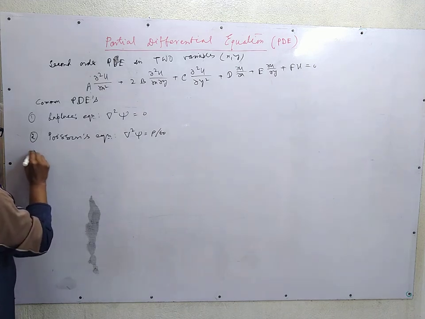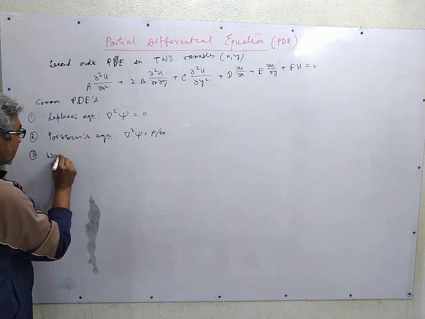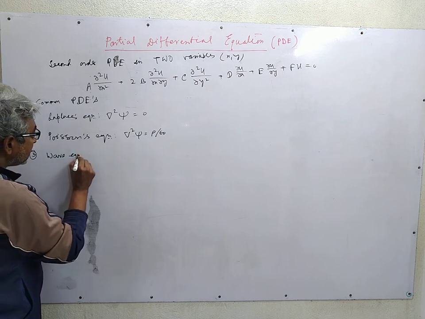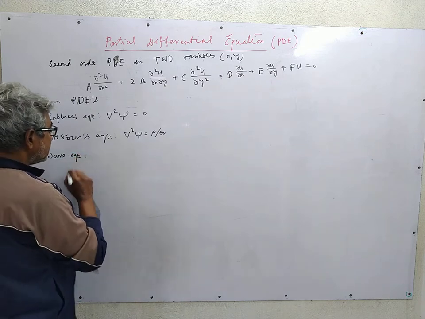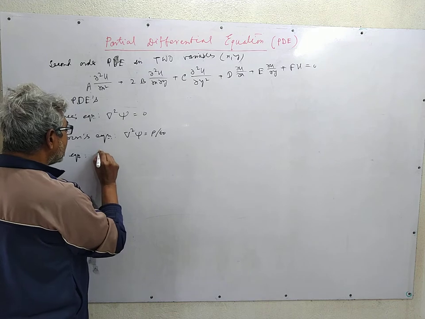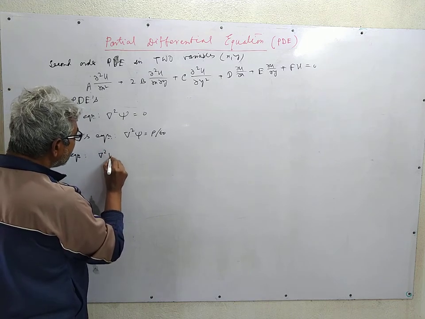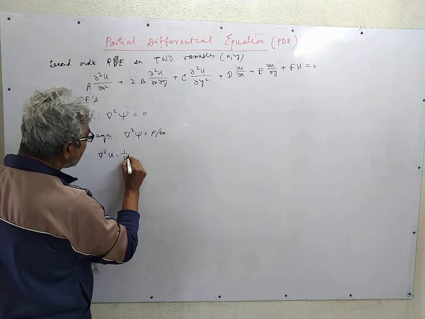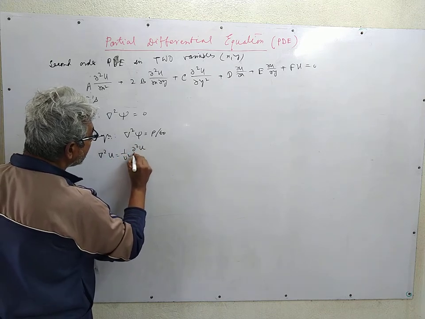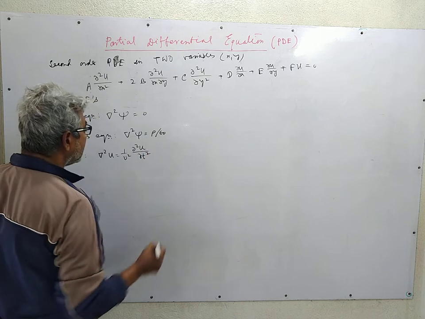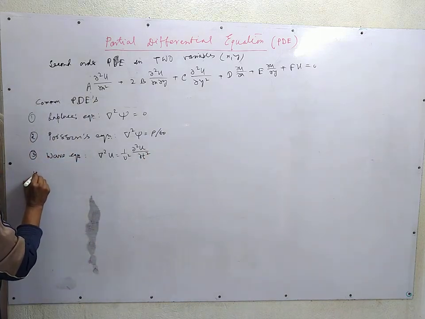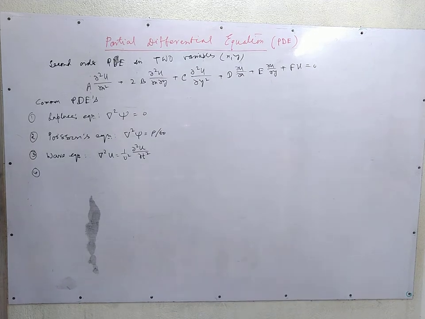Then the wave equation. The wave equation is this. It describes the elastic wave as well as the electromagnetic wave.